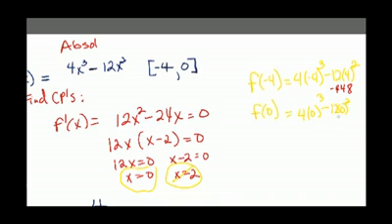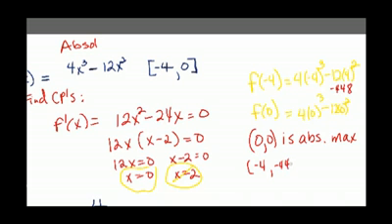And the x value is 0, so 0, 0 is the absolute max. And negative 4 comma negative 448 is the absolute min.